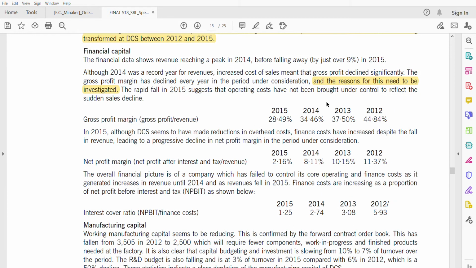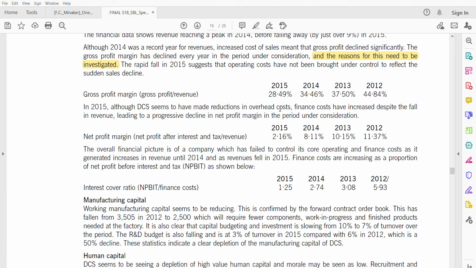Now they have calculated the gross profit margin, right? Gross profit over revenue, that you could do using the numbers. In 2015, although DCS seems to have made reductions in overhead costs, the finance costs have increased despite the fall in revenue.